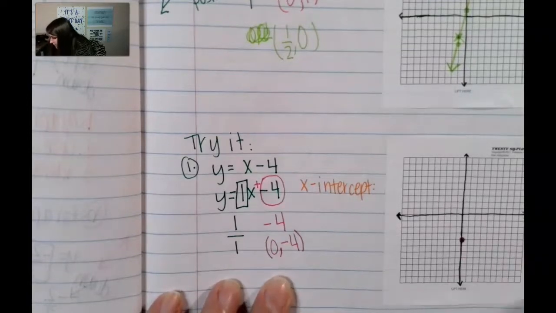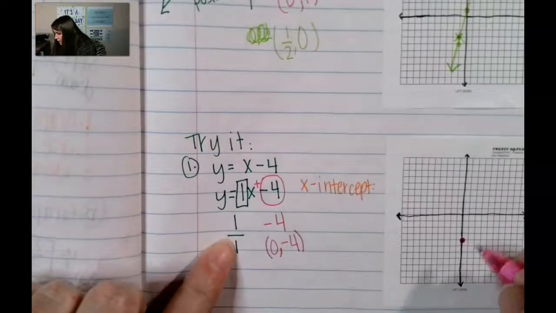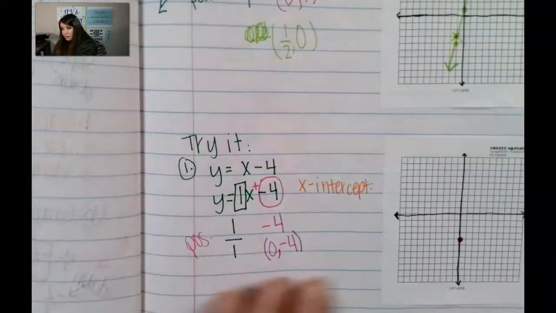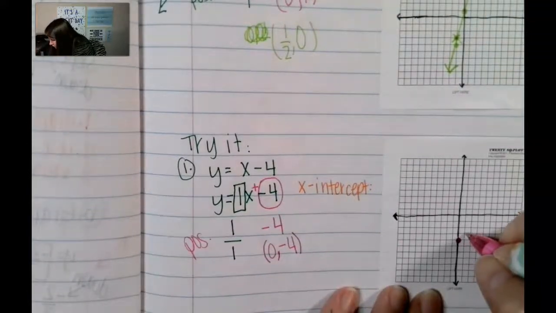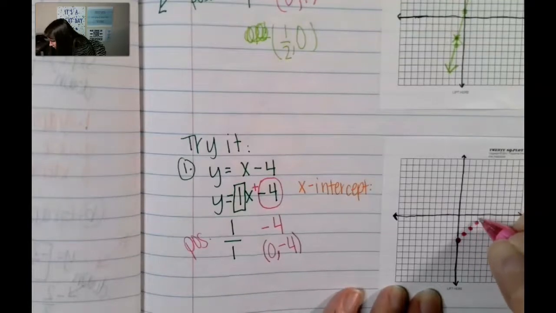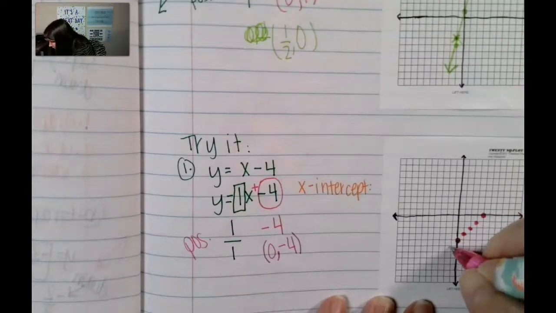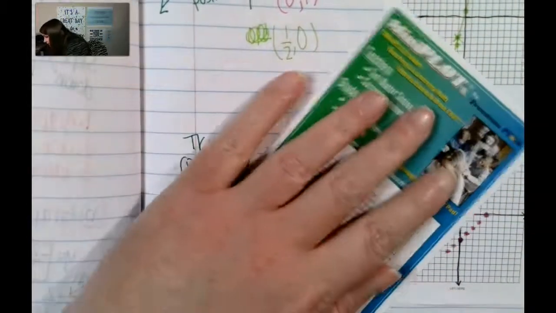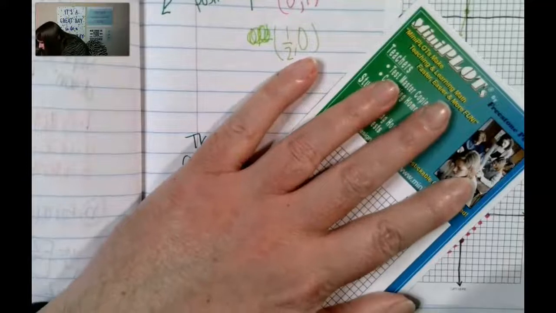All right, next, I need to go 1, 1. Again, this is positive. No negative signs. So I'm going to go up 1, over 1, until I hit that line. Up 1, over 1. Up 1, over 1. Down 1, over 1. Down 1, over 1. Just so I can graph this. Look how many dots we had to put.